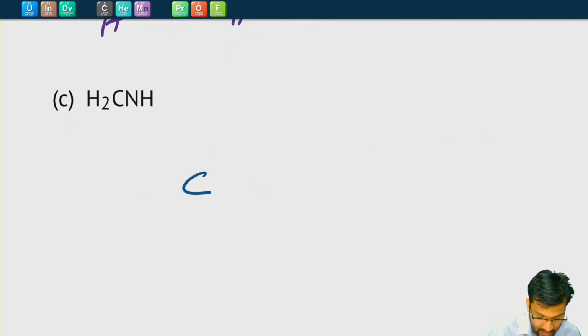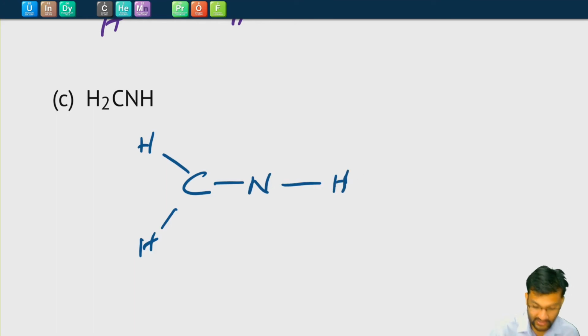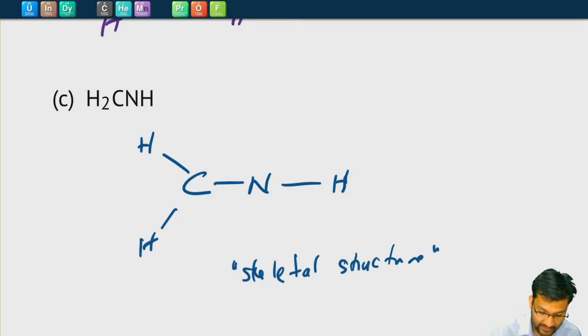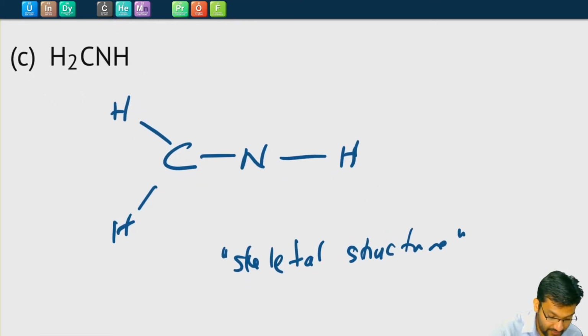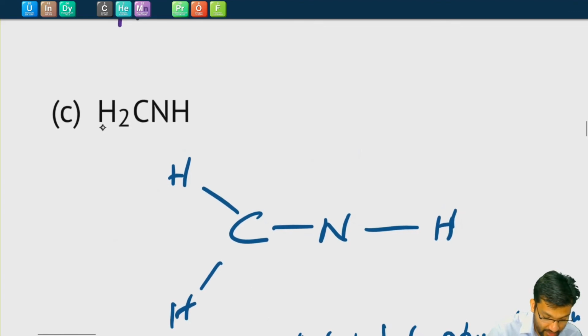But this is carbon attached to 2 hydrogens, attached to a nitrogen, attached to a hydrogen. In case you're wondering, this is the skeletal structure where you start for your Lewis structure, and then you need to fill in the valence electrons and the double bonds if necessary. How many valence electrons are we working with? We have 1 for each of the hydrogens, and there are 3 hydrogens.